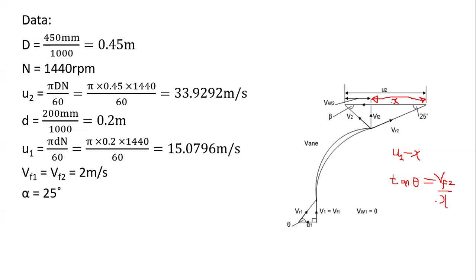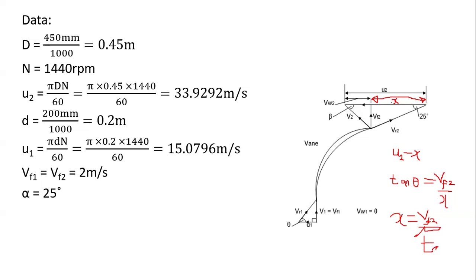If I want to make X the subject, they will just switch. So I will have X equal to VF2 over tan theta.